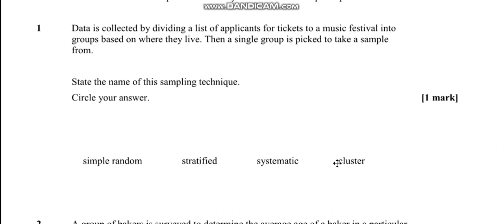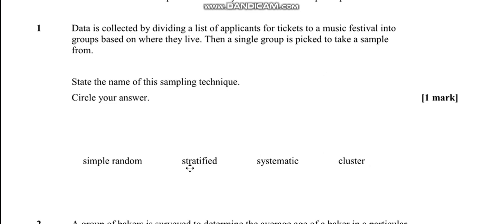So we're given 4 different ones here. So simple random sample means everybody has an equal chance of being picked. Well, as soon as you divide them into groups and then only pick one group, not everybody has a single chance of being picked, so it's not that one. Stratified, when you're choosing groups, choosing a sample, then you are looking for the word proportion.